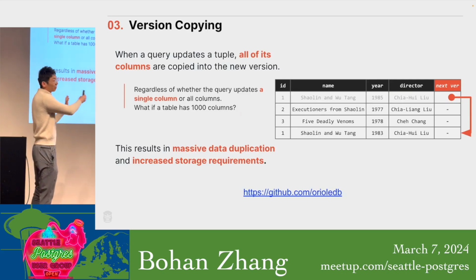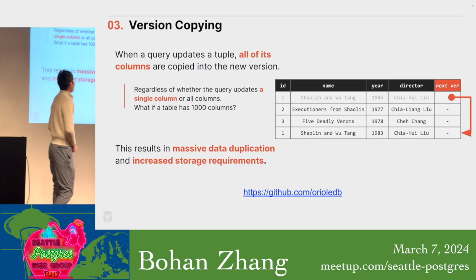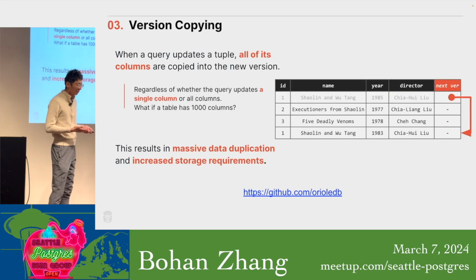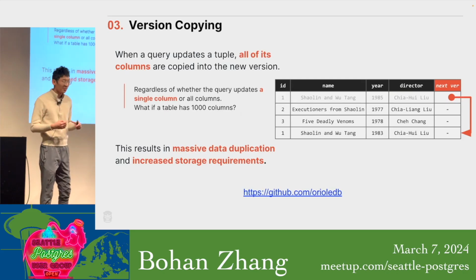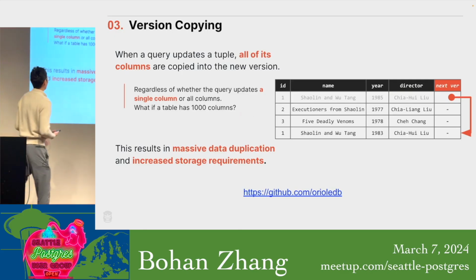We need to copy all the columns into the new version. This introduces massive data duplication and increases the storage requirements. In this example, it just has 4 columns. What if we have 1,000 columns in the table? That's a very huge overhead.